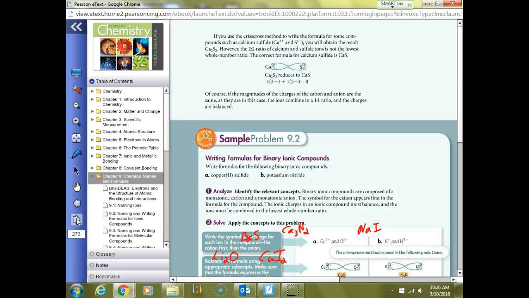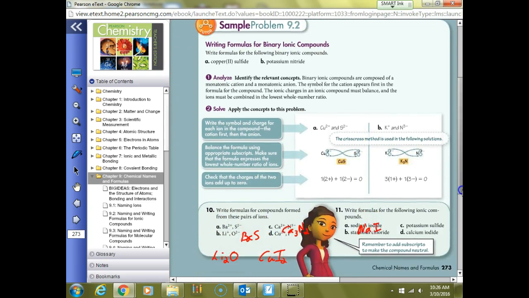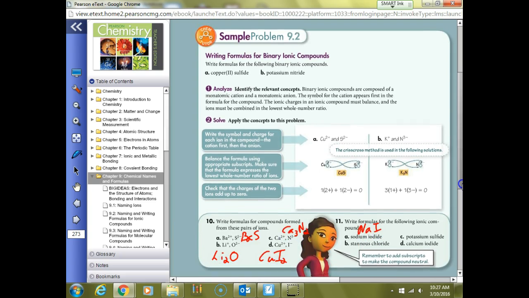It's tin, but the endings OUS and IC are used for either tin-2 or tin-4. Do you have your reference table there? Is it tin-2? Okay, so the OUS ending is for the 2 charge. So if I were to rename this, I would call it tin Roman numeral 2 chloride. I won't use stannous.